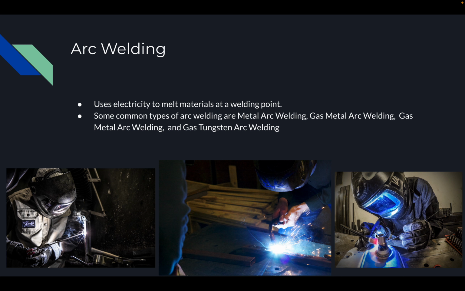Over here we have TIG welding. This type of welding is sort of similar to MIG. I get both of them confused all the time. This is sort of like a mix of stick and MIG. As we can see right here, the guy welding has the stick of material that he's using to weld.